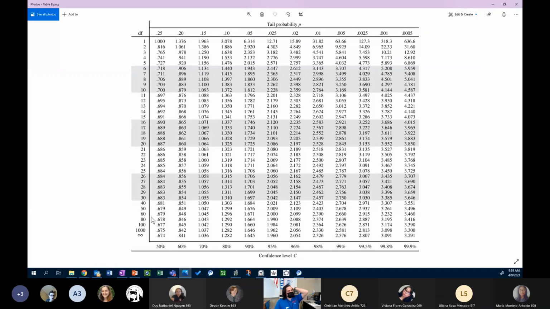We can't go above 71, so we go back down to 60. Right here at 60, we'll see 1.045 and 1.296. 1.1 is between those two. We follow that up, and that's between 0.15 and 0.1. And then again, we double both of those endpoints to get what the p-value is between.